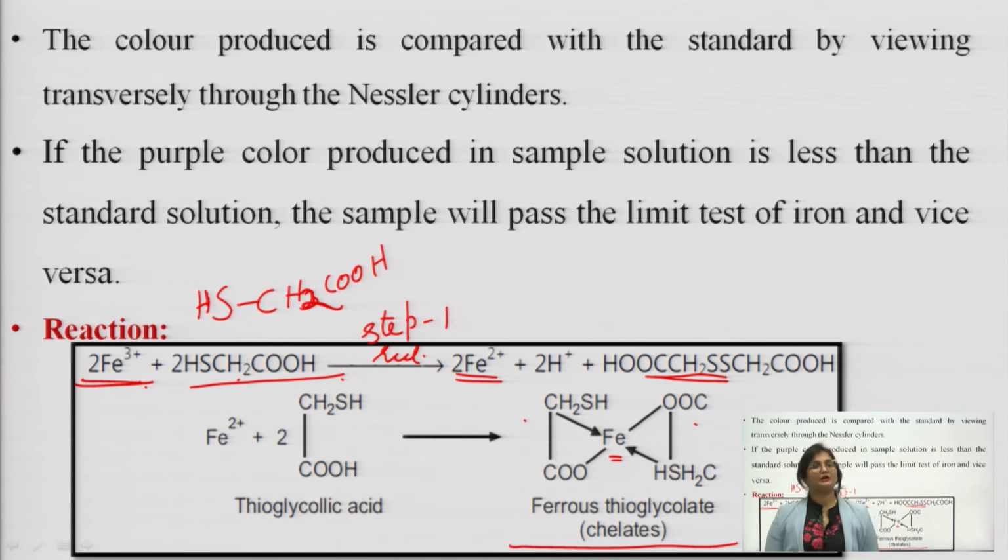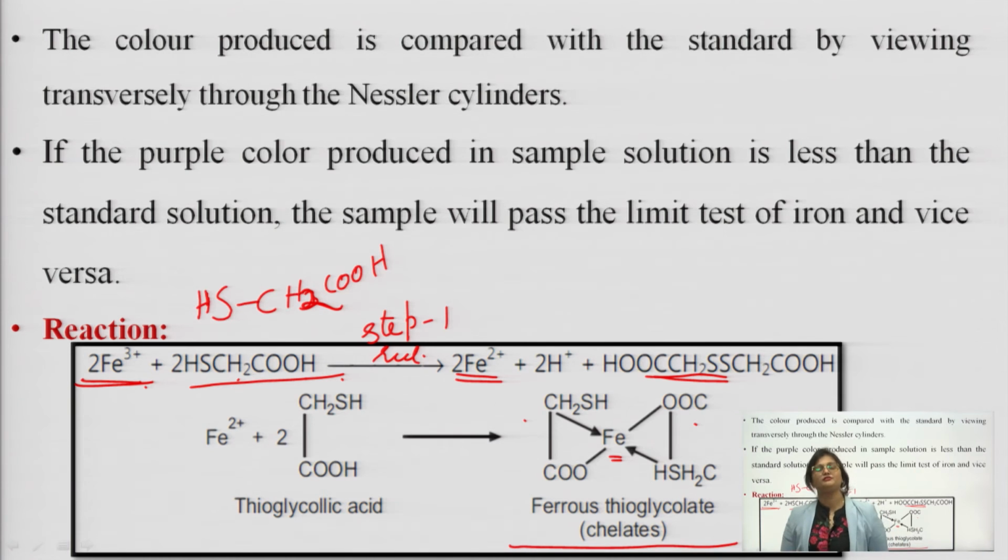Now, if the purple color produced in the sample is less intense than that of the standard, see, iron, if it is present in the sample, will give purple color. If the quantity of iron is more than that of the standard, the intensity of purple color will also be high. Intensity of purple will also go up in the similar ratio.